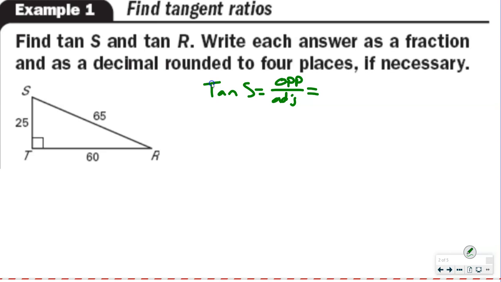Looking at our triangle, we can set aside the hypotenuse. We're not using the hypotenuse in tangent. We're using the legs. So we want opposite of S, which would be 60.